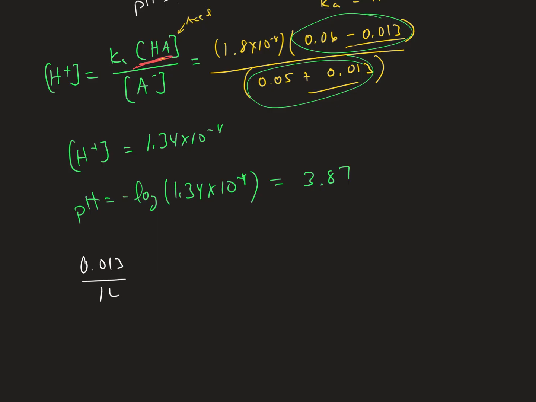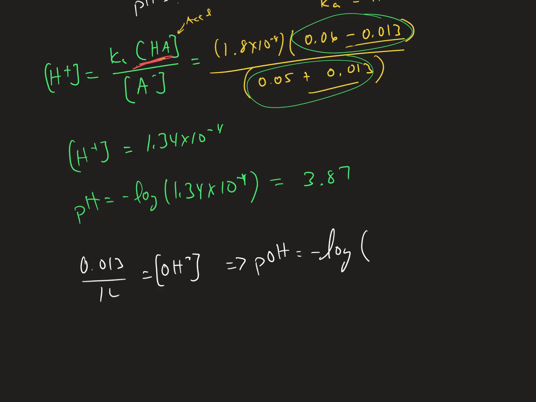So if I take this and I find my pH, this is basically my OH concentration, right? Y'all with me? Because it's 0.013 moles of NaOH to 1 liter of solution. So that's basically my OH concentration. So my pOH is going to be negative log.